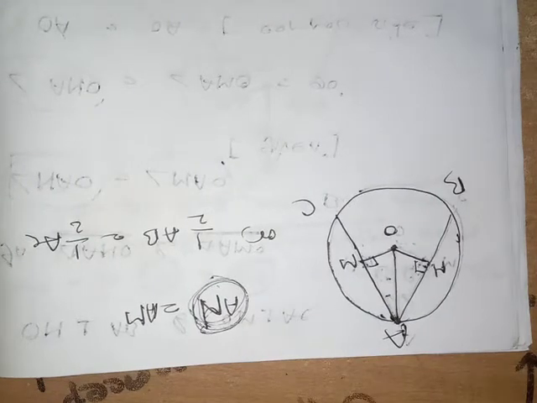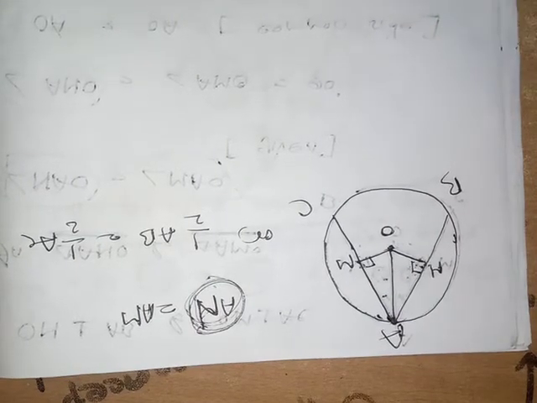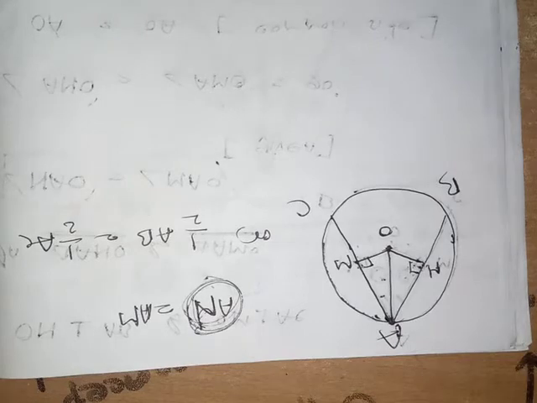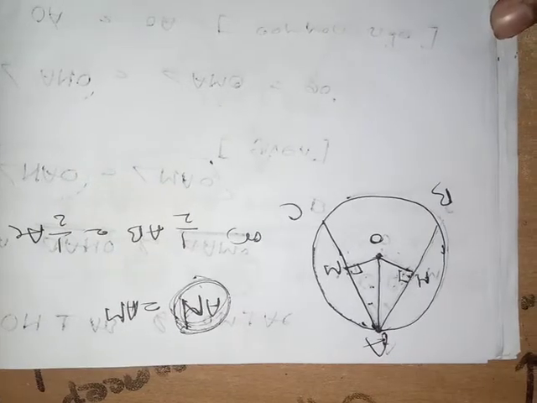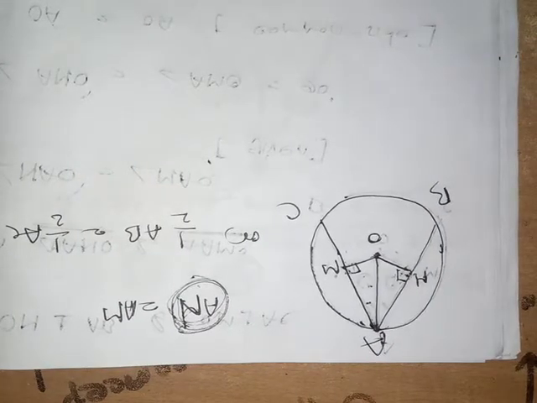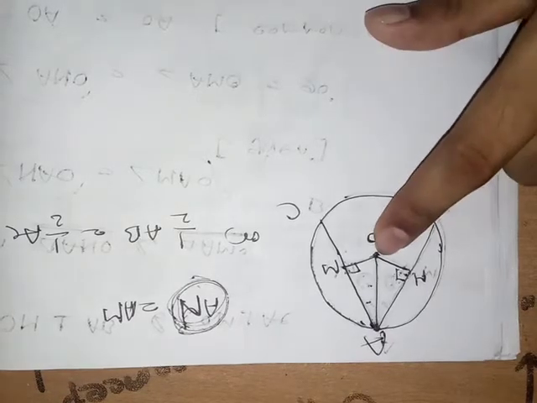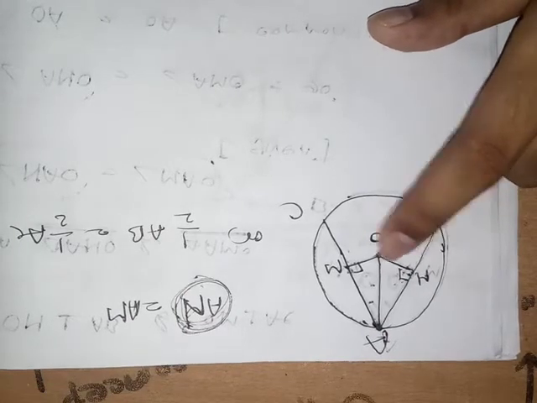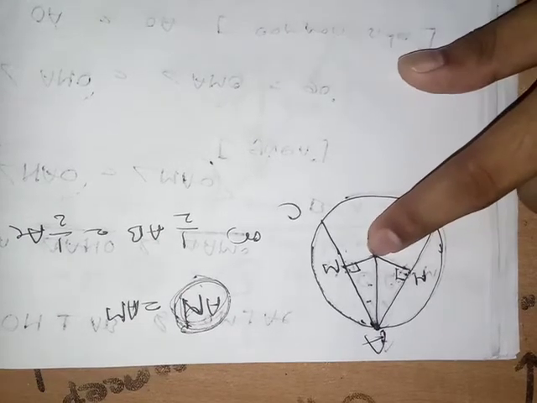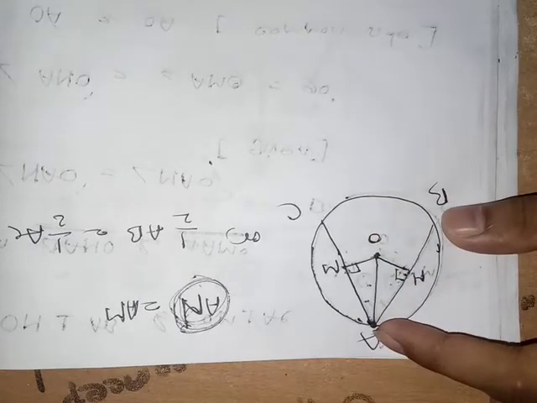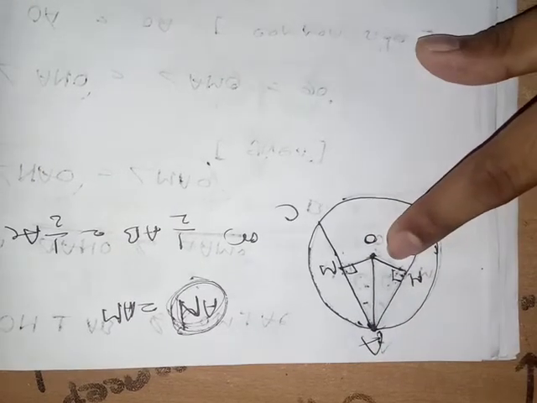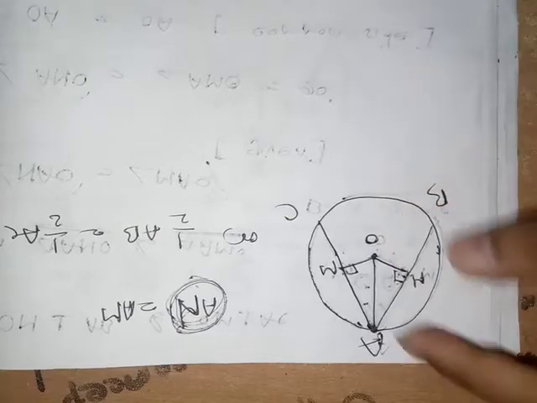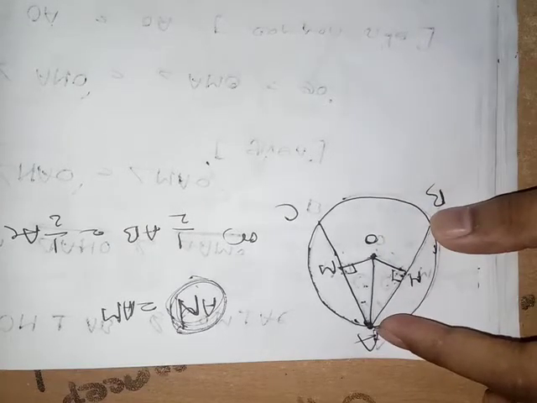A question may arise. See, if you remember the first theorem of the circle: if we draw a perpendicular from the center to the chord of a circle, the perpendicular divides the chord into two equal parts.